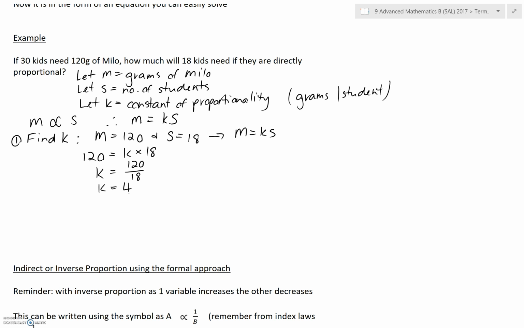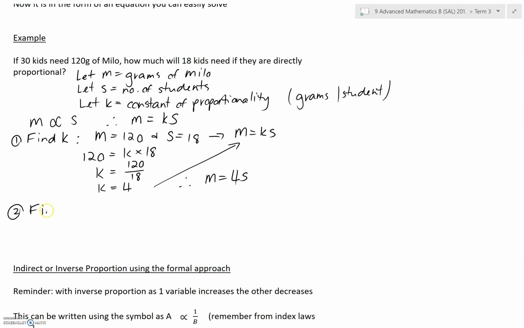So now that we know that our constant of proportionality is 4, we can substitute that back into our equation here and have an equation that's only got 2 unknowns in it, which is more like what we've been doing. So we can rewrite our equation, M equals 4S. So that's 4 grams per student is going to tell us how much Milo we need. So second part of the equation will allow us now to answer that.